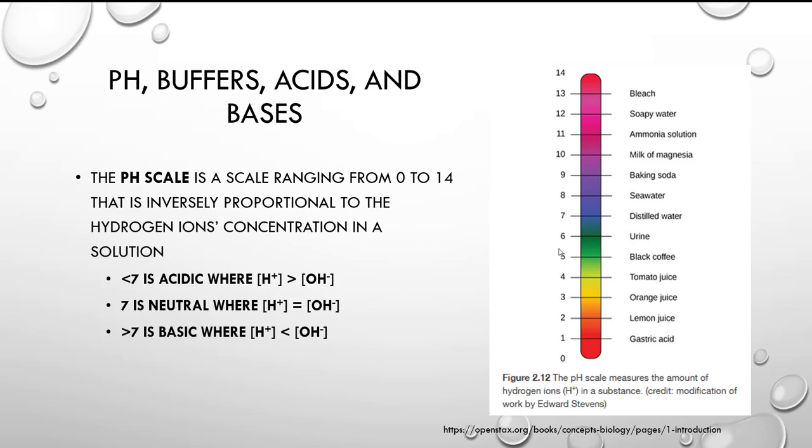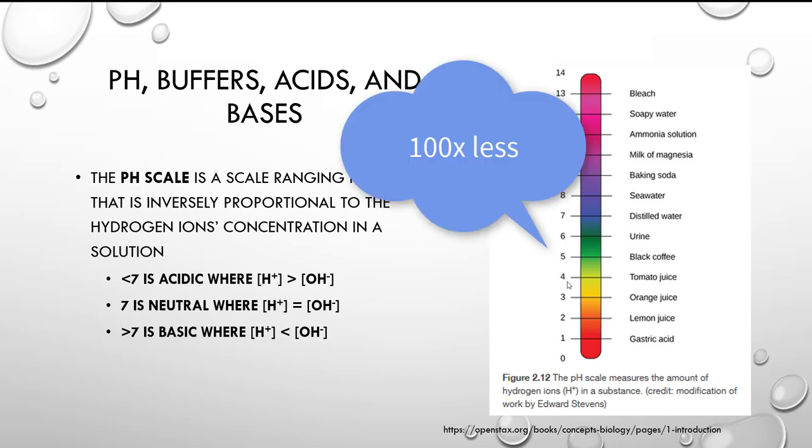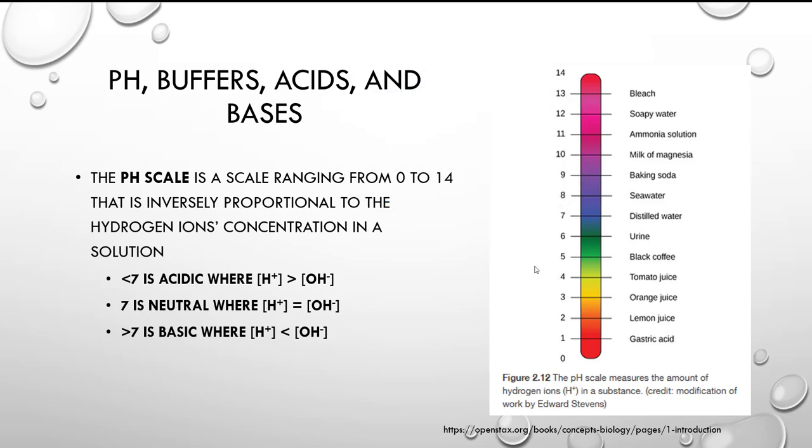We're actually decreasing it by a factor of 100, okay? So every time you move up or down the scale by 1, you're actually increasing or decreasing the hydrogen ion concentration by a factor of 10. So it's a base 10 scale here. It's a logarithmic scale.